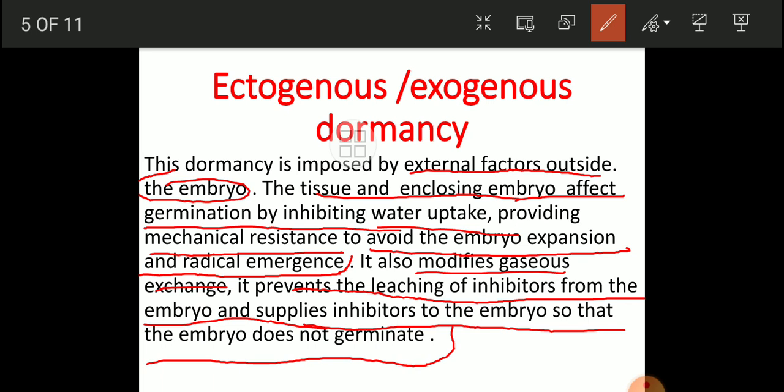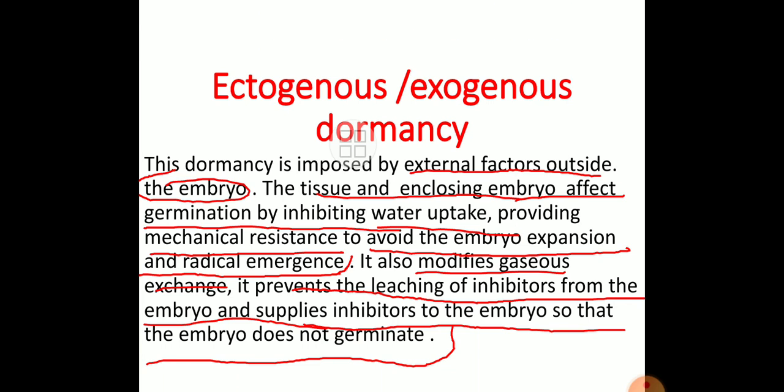Again, sometimes although these two things are available, external factors prevent the leaching of inhibitors from the embryo. Unless the inhibitors are leached out from the seed, the embryo never develops. Or sometimes a supply of inhibitors is there. Such factors are the ectogenous or external factors which are responsible for keeping seeds in a dormant condition.